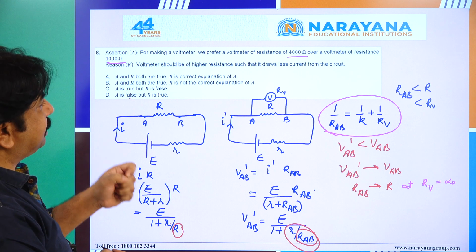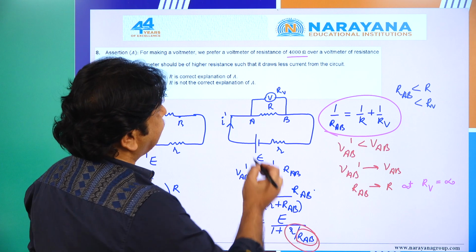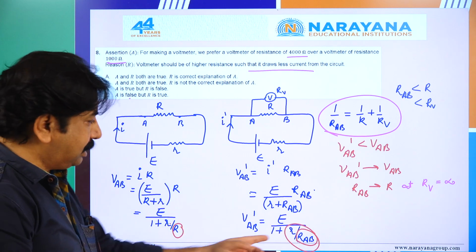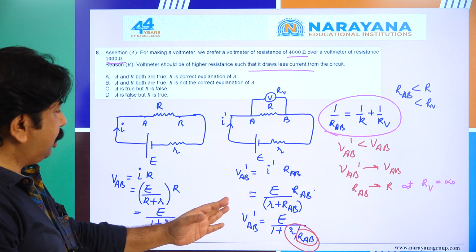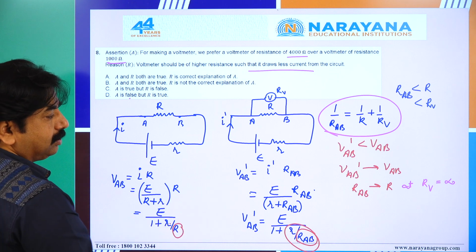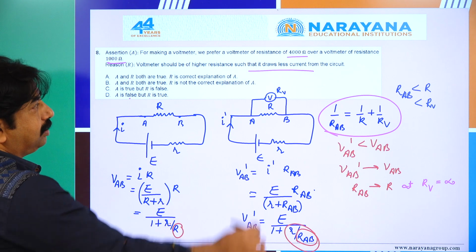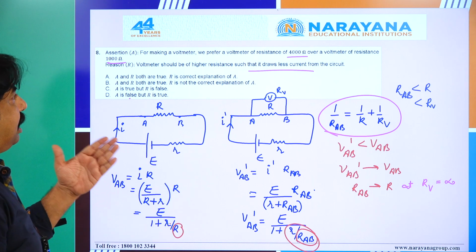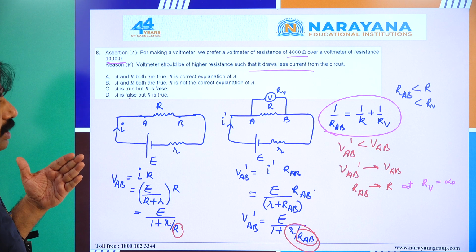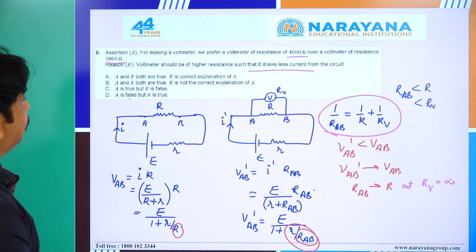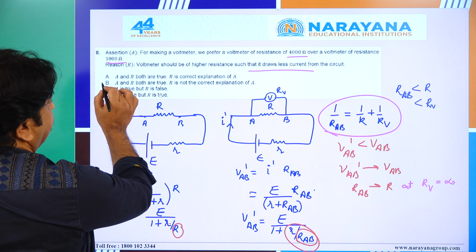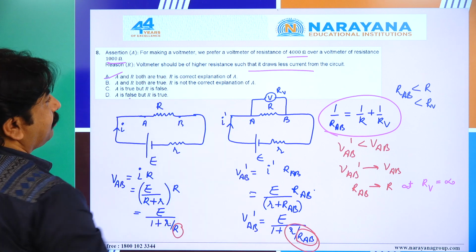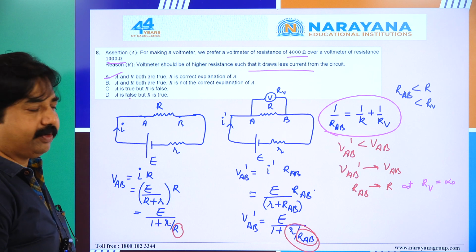The voltmeter should have higher resistance such that it draws less current, automatically, we know. As this one is higher, automatically the current drawn by this one is also very less. That is also the correct reason. So A and R both are correct and R is the correct explanation of A. That's the answer for this question.